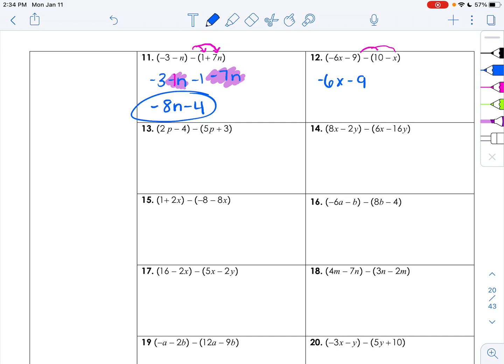Once I distribute that negative, I get negative 10 plus x, because a negative times a negative is a positive. I then can combine negative 6x plus x. Remember, that's like a negative 1. So negative 6 plus 1 is negative 5x. And then negative 9 minus 10 is negative 19.